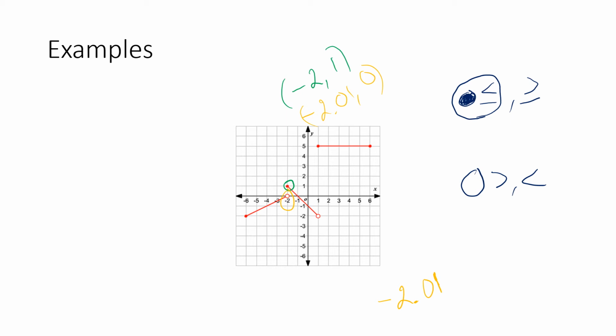Now, if this -2 here was filled in and they were both solid red dots, or if the green one that I circled was actually an open circle, then it would be the exact same value and it would not be a function. But we see that those overlap, and then we see that here we have an overlapping one as well. But again, it's an open circle and a closed circle. So this is a function.